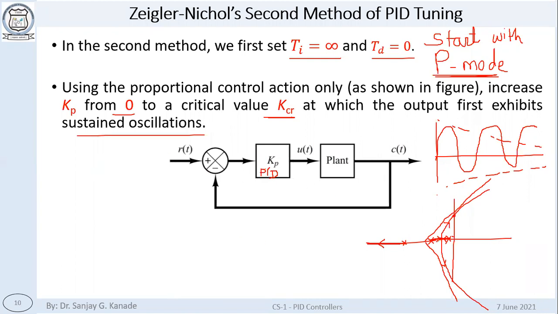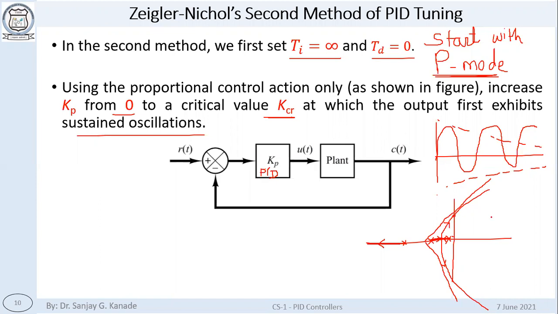When we start increasing, our root locus branches start to diverge from the open loop poles, and go towards the open loop zeros, and at one point they will cross the imaginary axis. The point at which the root locus intersects the imaginary axis is the point we are now trying to find out.